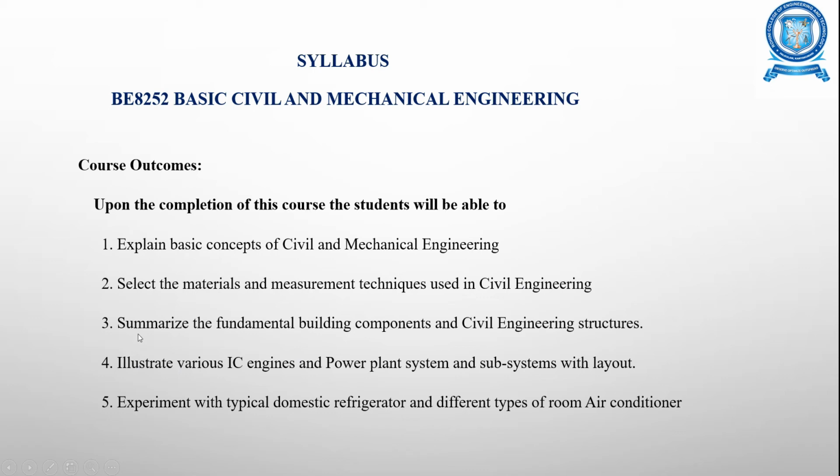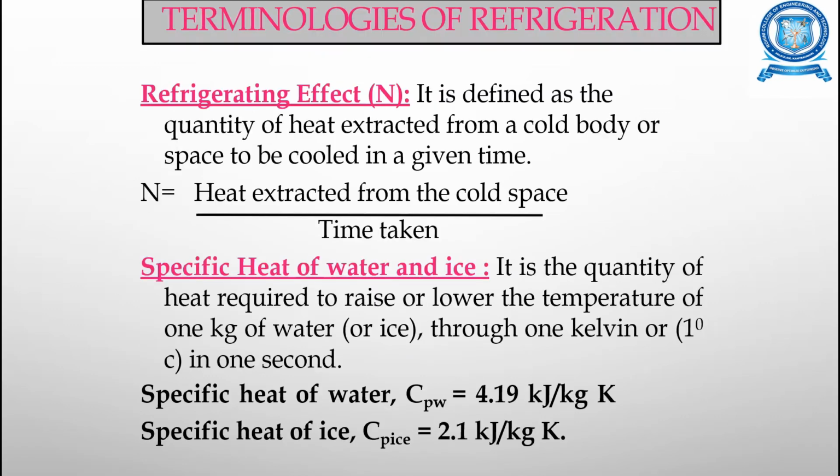From the third unit, they will be able to summarize the fundamental building components and civil engineering structures. They will be able to illustrate the various internal combustion engines and power plant systems and subsystems with layout after the 4th unit. And from the 5th unit, the students will be able to experiment with a typical domestic refrigerator and different types of room air conditioners.